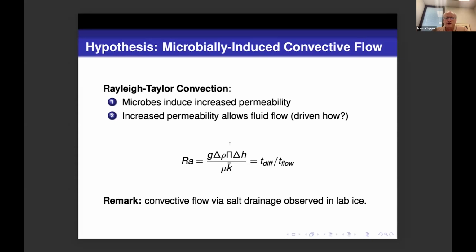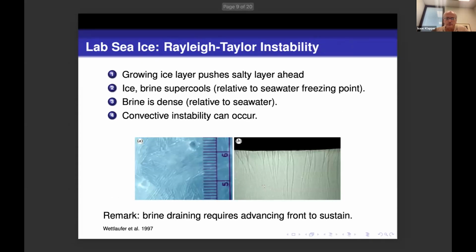So the idea is that the microbes can control that. They can increase or decrease it as they want, perhaps. Delta rho is the change in density, which is also important. Delta H is the change in height, and there are some other things going on here. Okay. So here's a picture from one of these papers. This is lab sea ice.